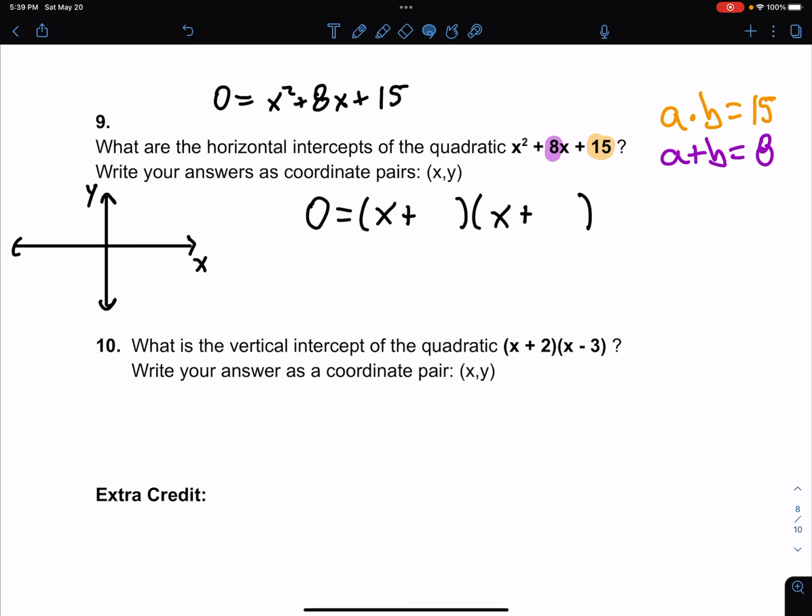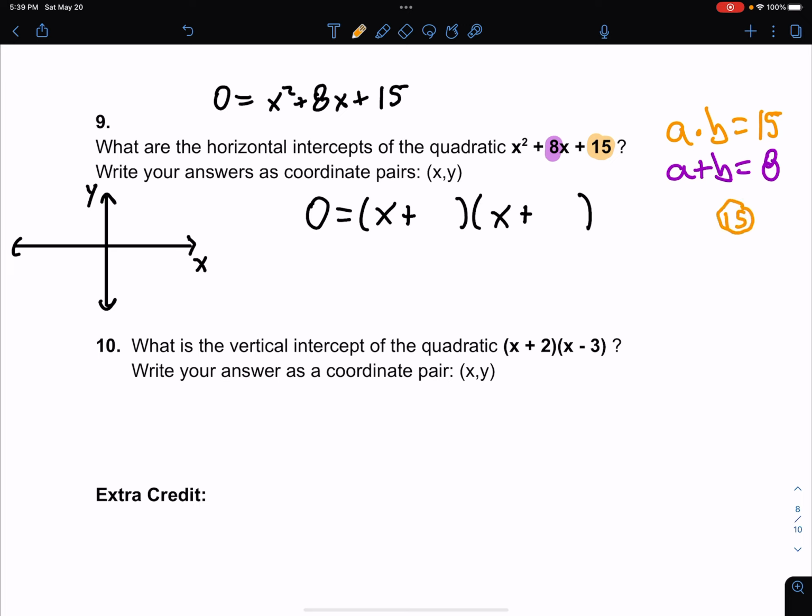Okay, so the first thing I do every single time, I come up with my factors. There's all kinds of different numbers that add up to 8: 1 and 7, 2 and 6, 3 and 5, 0 and 8. It's not helpful at all to try to think of what adds up to 8. But if we think of the numbers that multiply to make 15, there's not going to be that many.